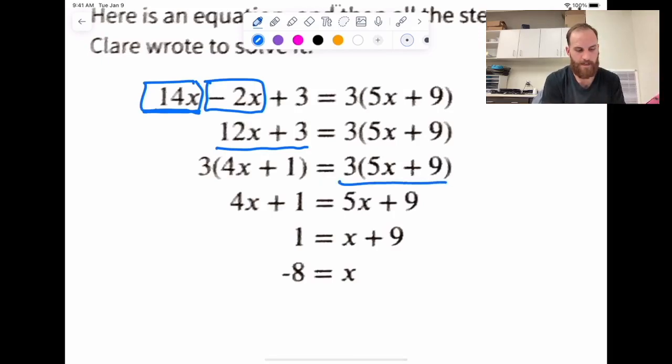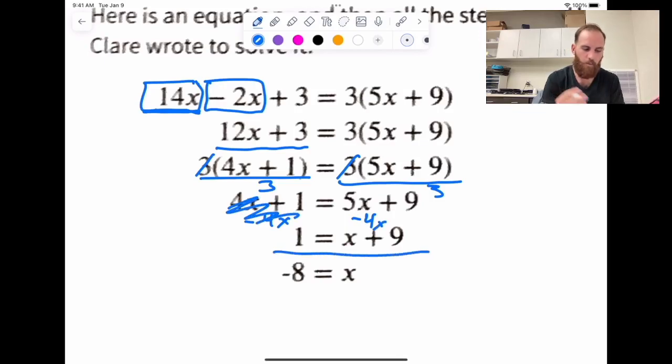Because then it looks like she divided by 3 on both sides, just to get rid of the 3's in front. It's not a bad way to do things. It's not my way of doing things, but it's not a bad way. Then she subtracted 4x from both sides. 4x minus 4x is nothing. 5x minus 4x is just x.